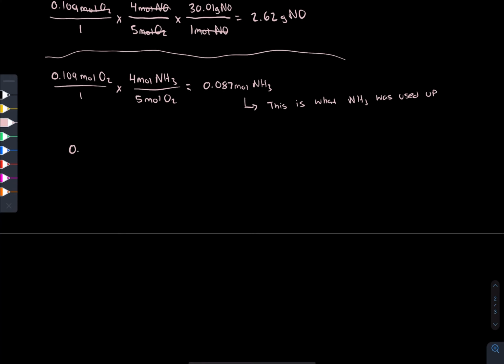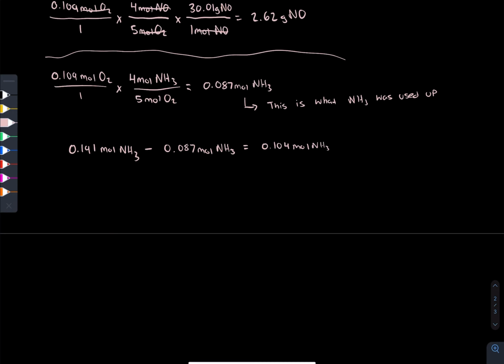So 0.191 moles of ammonia minus what we calculated here, which was used up, 0.087 moles of ammonia. And that's going to equal 0.104 moles of ammonia.